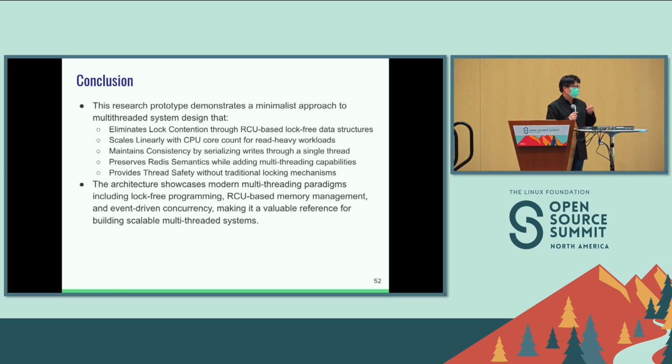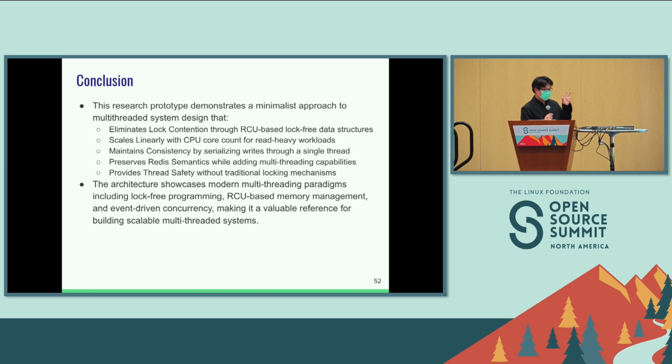So far we ensure that our research prototype is useful. The reason why it's useful is, first, we try to eliminate lock contention through an RCU-based lock-free data structure, and we make the key value store, the get and set operations, more scalable, meaning that we care about the read-heavy workload.